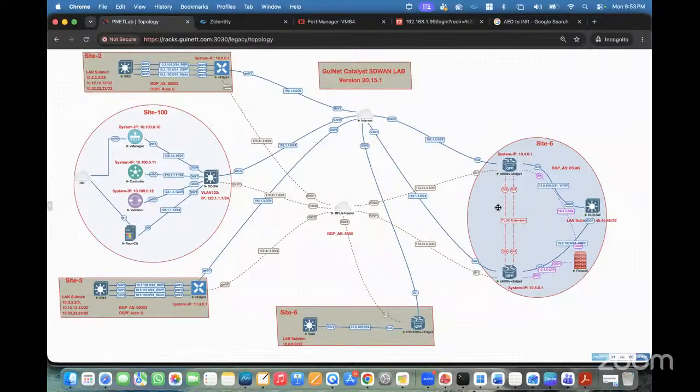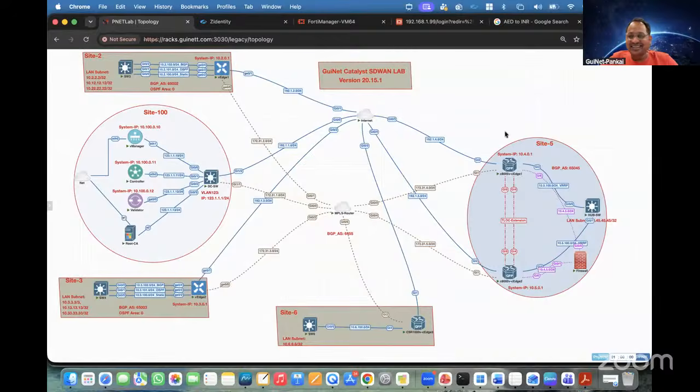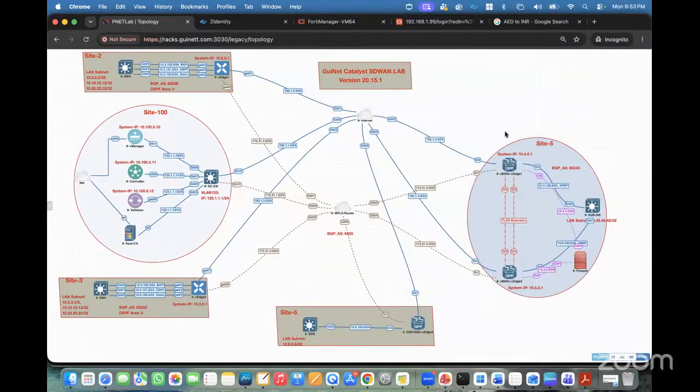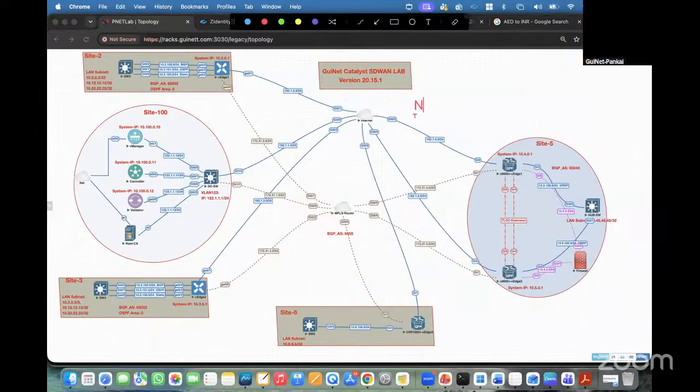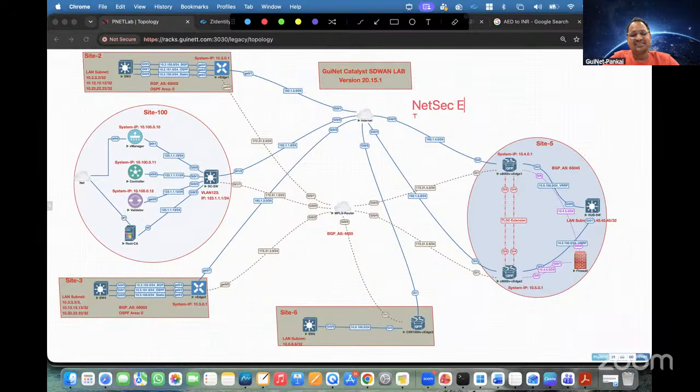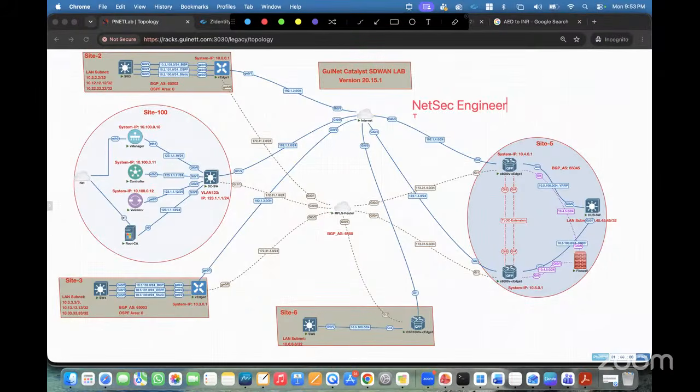Recently I thought of changing jobs, but when I tried, I came to know that just being a network engineer is not sufficient now. We must be a security network engineer along with SD-WAN, wireless and maybe cloud. All those things are needed now.